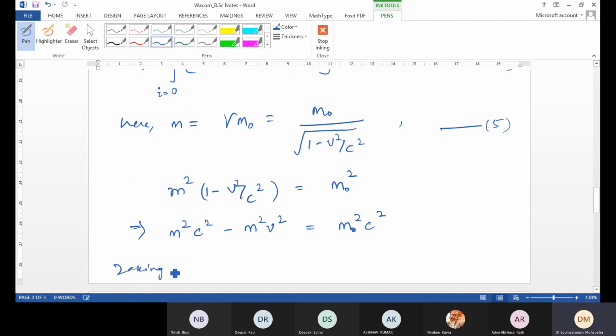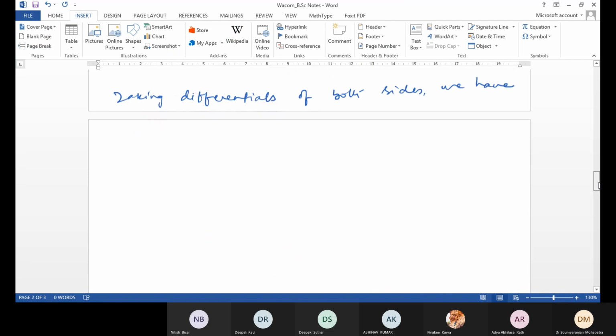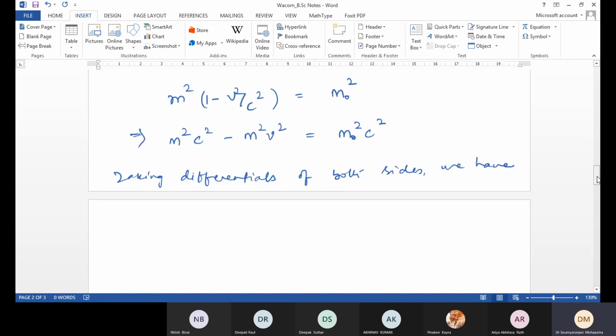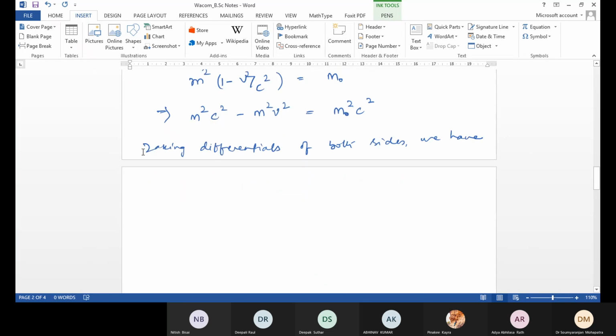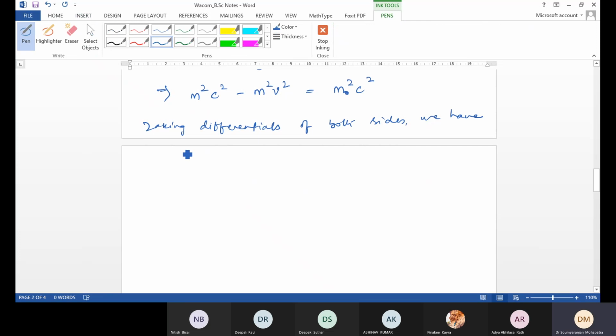So taking differentials of both sides, we have the differentials of this. So what will you do? Yes.